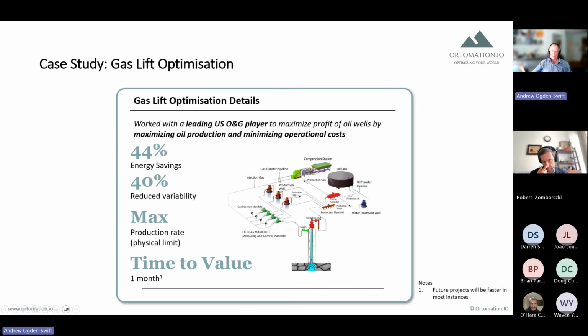Then some of that gas is recycled through the gas injection manifold, and there's one flow controller per riser, per well. Basically the gas is compressed and pumped down to the bottom of the riser to increase the oil and gas production.